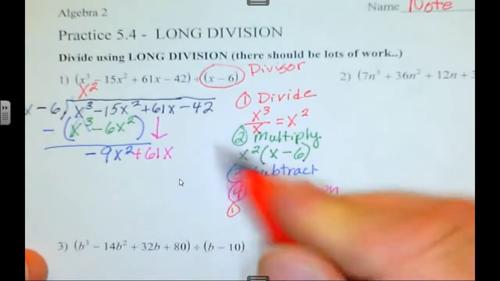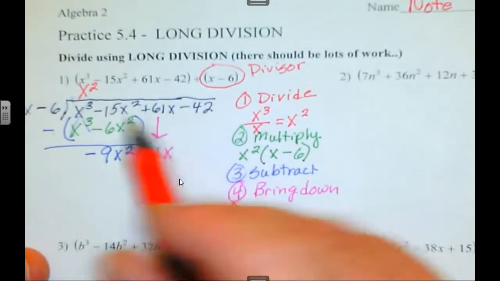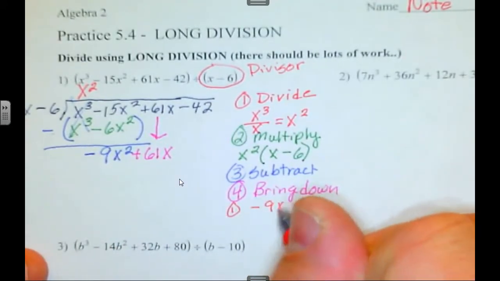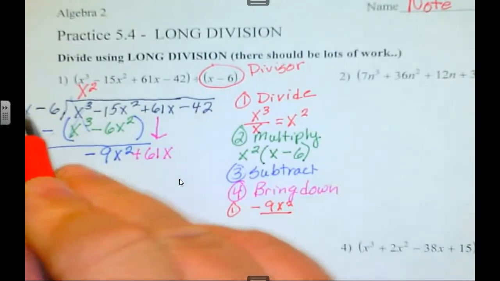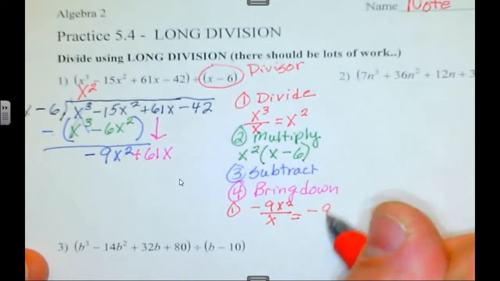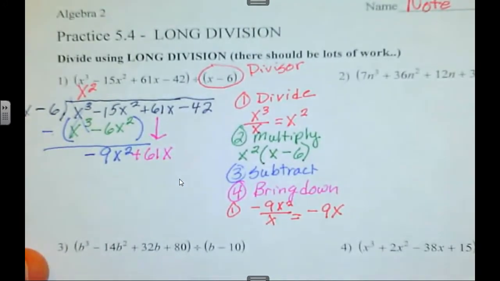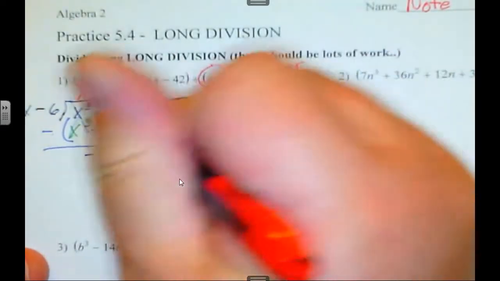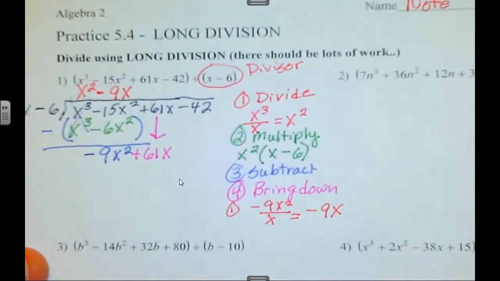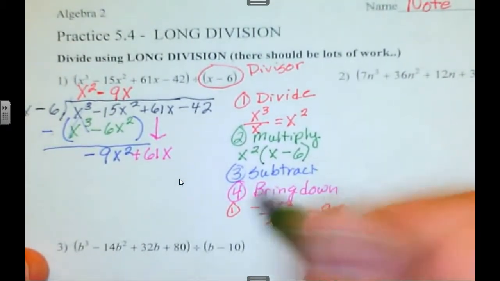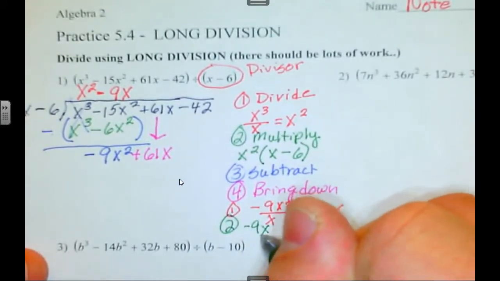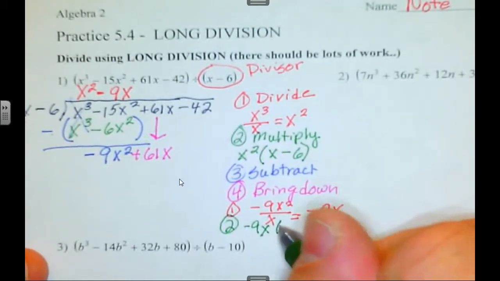Divide. I'm going to take negative 9x squared and divide it by x. It's going to give me negative 9x. So I have negative 9x. Then step 2, multiply. Negative 9x times x minus 6.